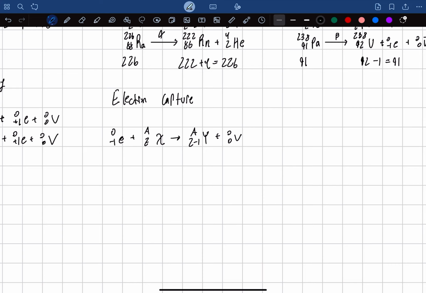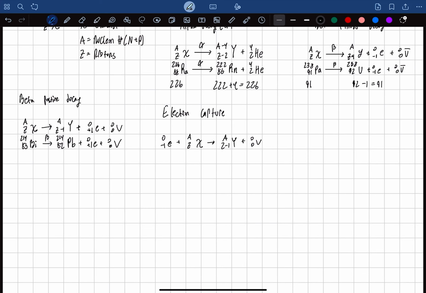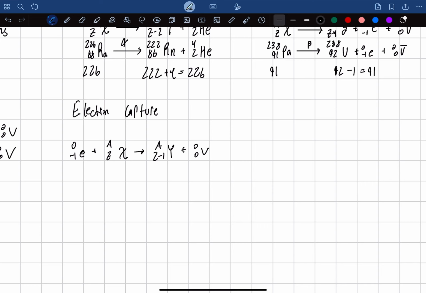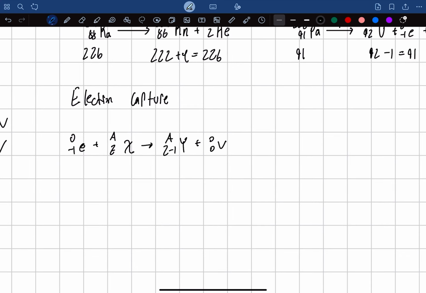So this one is more similar to beta positive decay, as they're both protons into neutrons.